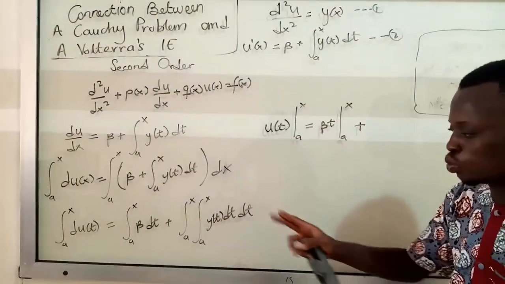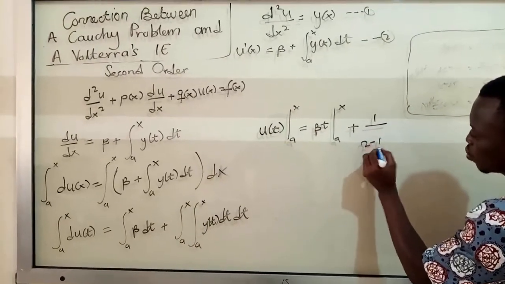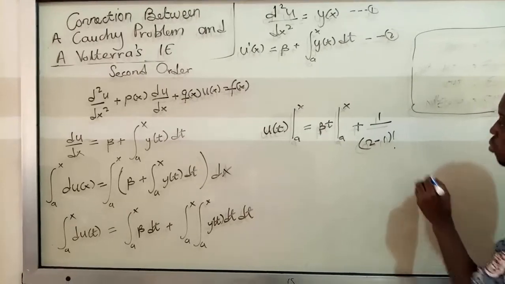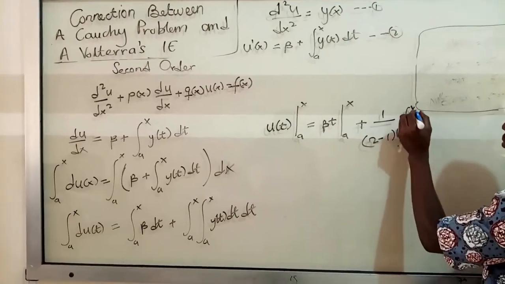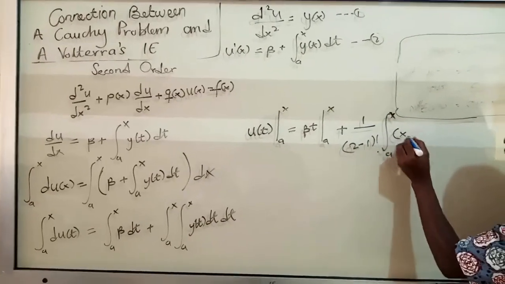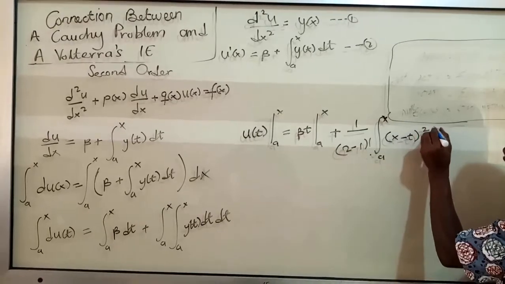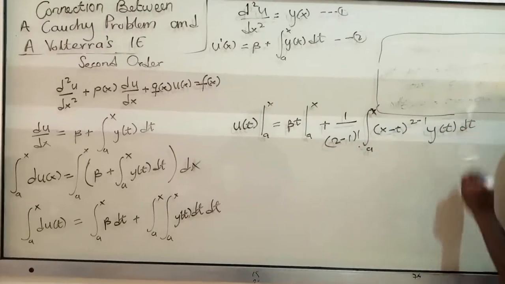So we're going to write it as 1 over 2 minus 1 factorial, the integral from a to s of s minus t to the power 2 minus 1, y of t dt.